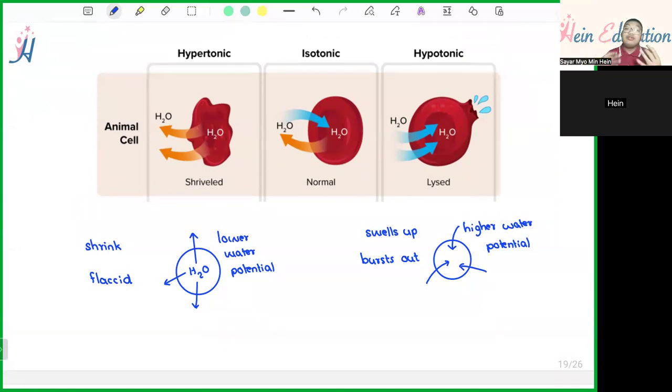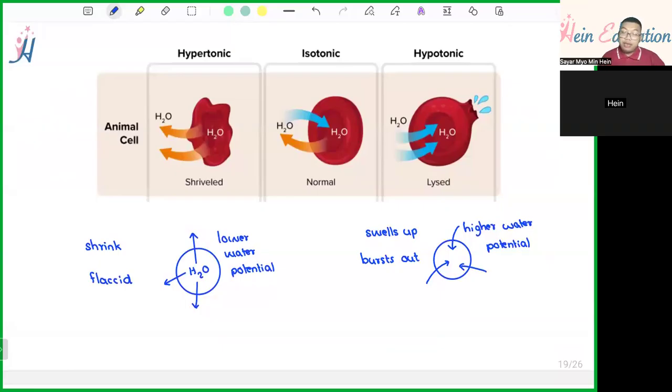Over time, due to the lack of a cell wall, the red blood cell or animal cells cannot maintain the shape and cannot withstand the turgor pressure, so they will burst. But when we put them into a concentrated solution, there is a higher water potential inside the cells than outside, so water moves out of the cells by osmosis. Over time, the cells shrink, and it is known as flaccid.